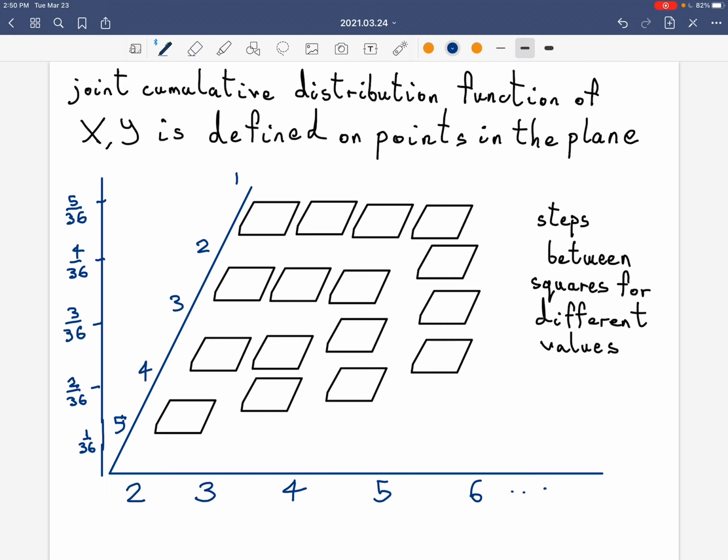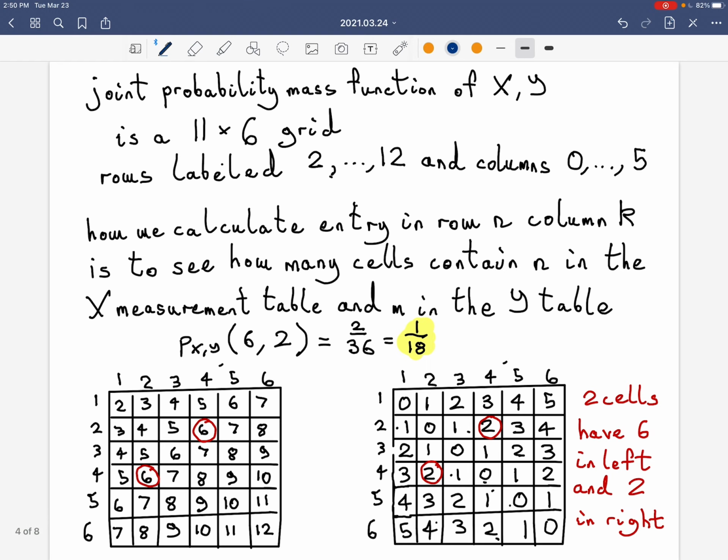But anyways, this square at the very bottom left represents the probability that x is between 2 and 3, and that the absolute value of the difference is between 5 and 4. If I go back and look here, there are 2 cells where the absolute value of the difference is less than or equal to 5 and greater than 4.